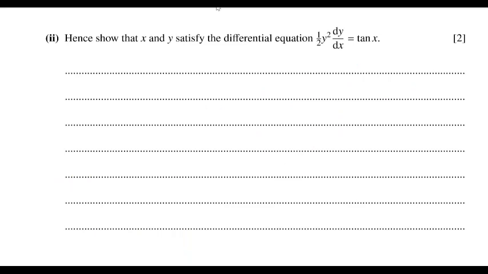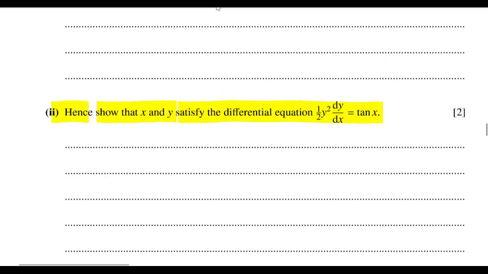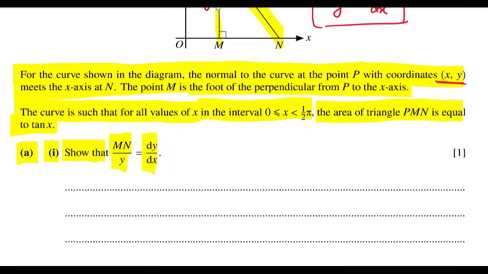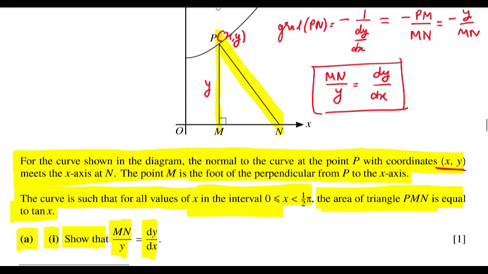And in the B part, hence show that x and y satisfy the differential equation this. So from the condition of the question, in the interval 0 to pi by 2, the area of the triangle PMN is equal to tan x. If we see the area of this triangle, we know that this is y, the height, and this is the base, MN.